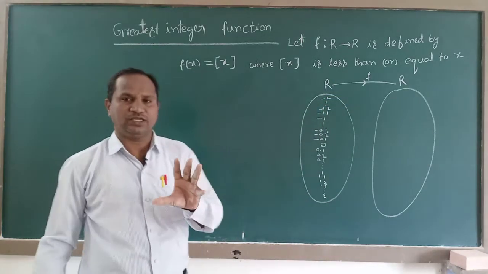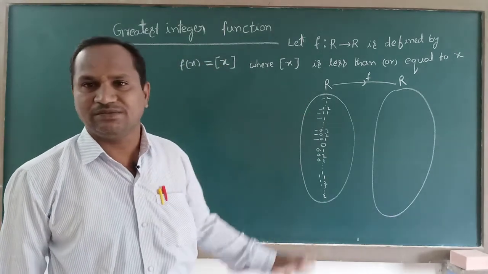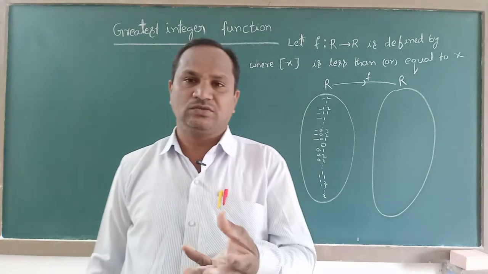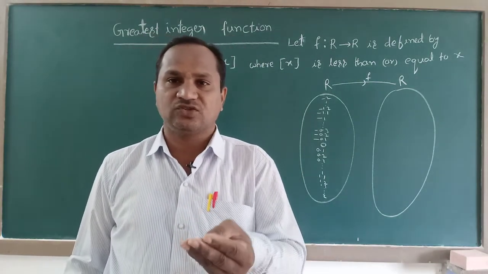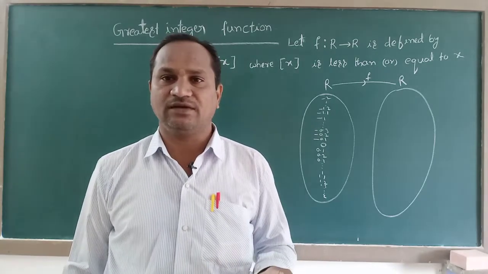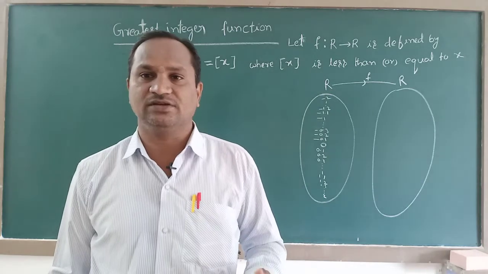I am showing with just two or three numbers only. We can't take all these numbers very easily. Just to show, in the example, taking two or three numbers is enough to draw the graph. Easily we can analyze the remaining elements also.